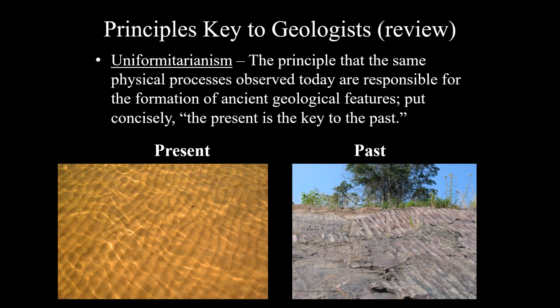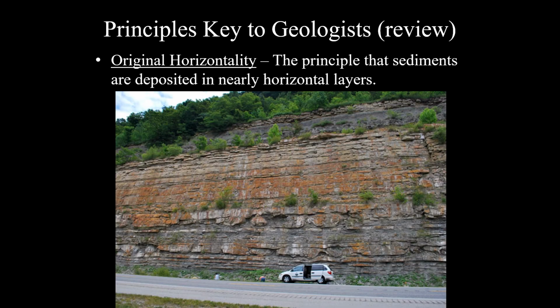Well, if we find those ripple marks in ancient rocks, for example, that's a 150 million year old sandstone here in Colorado where I am today, in the image on your right, we can safely assume that that environment was probably pretty close to what we see happening today. So again, the present is the key to the past.